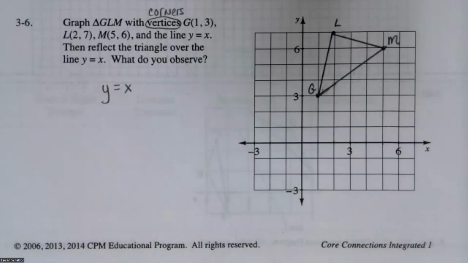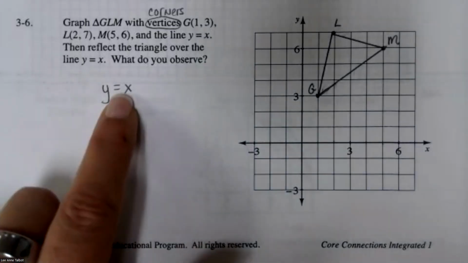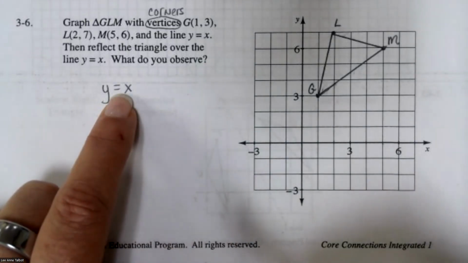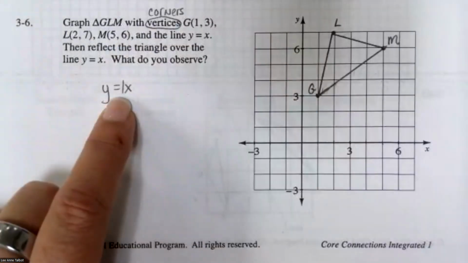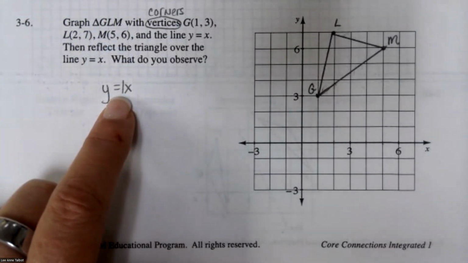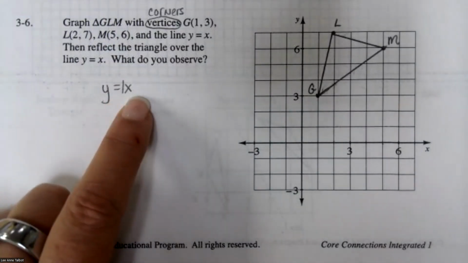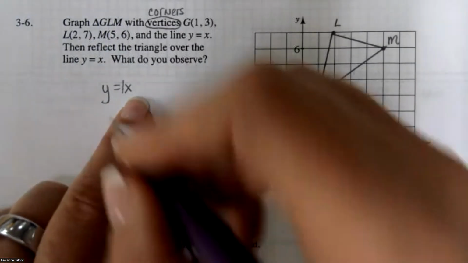Okay, what is the slope? 1. Okay, so throw that little 1 in there. And my next question, what is the y-intercept? 0.